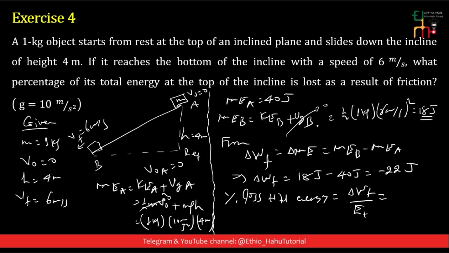The total energy is 40 joule. This is 22 joule divided by 40 joule. Joule goes with joule. 22 divided by 40 is equal to 55%.